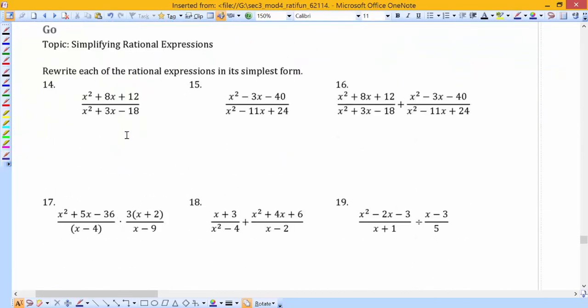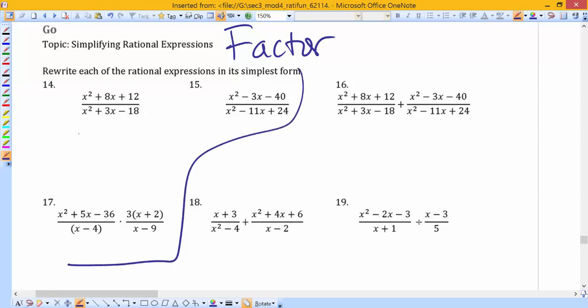Now the go. We have been struggling with this. We are struggling with this because we're not factoring. Every single one of these questions here requires you to factor. These 3 here, you need to factor and cancel.